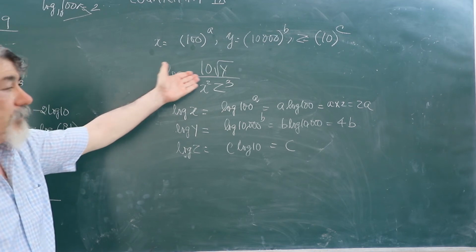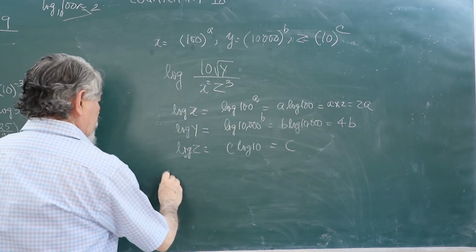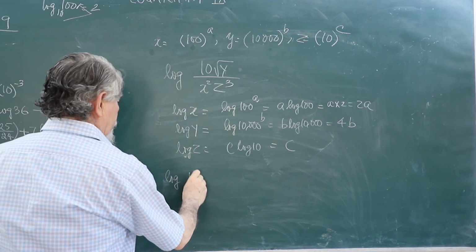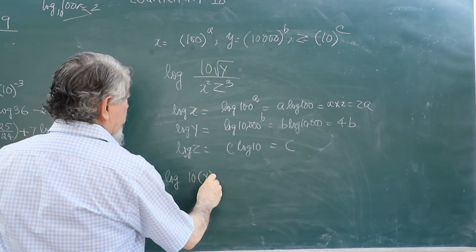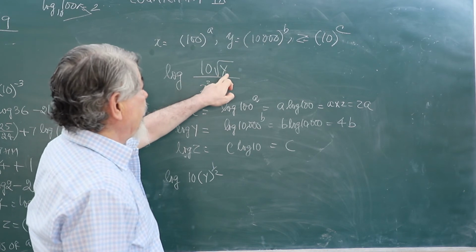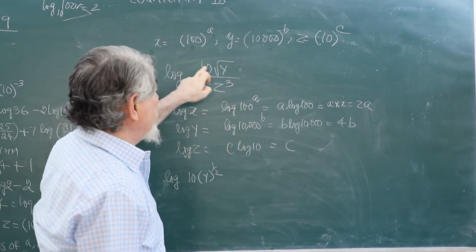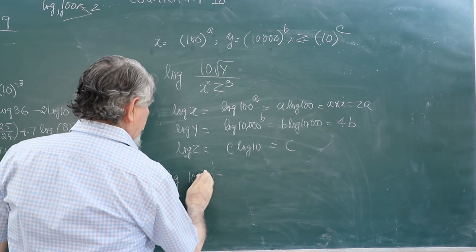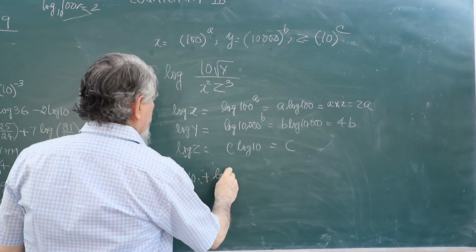Now let us simplify. This will be log of 10 into y to the power half, upon x square into z to the power 3. Log of a into b is log a plus log b.